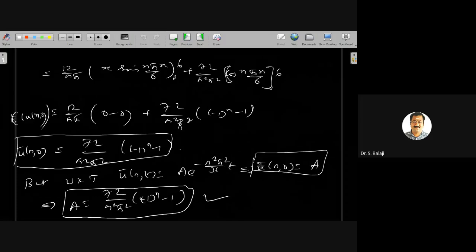That is equal to u bar of (n, 0) when you put t equal to 0 here, giving A. Compare these two: A equals 72 by n square pi square times (minus 1)^n minus 1.